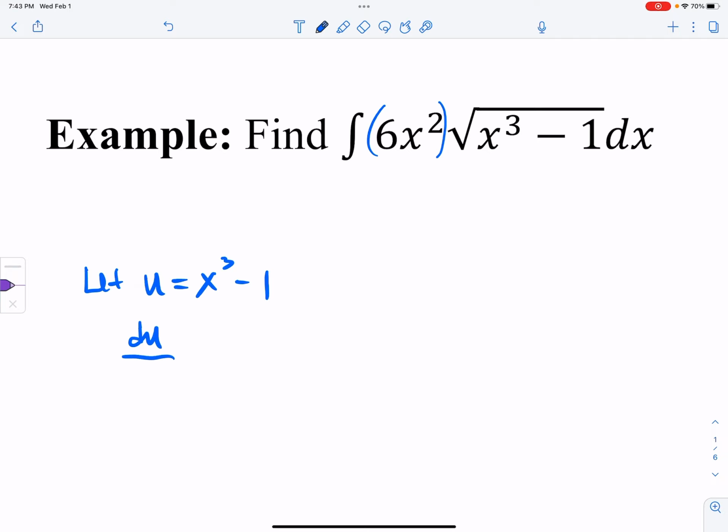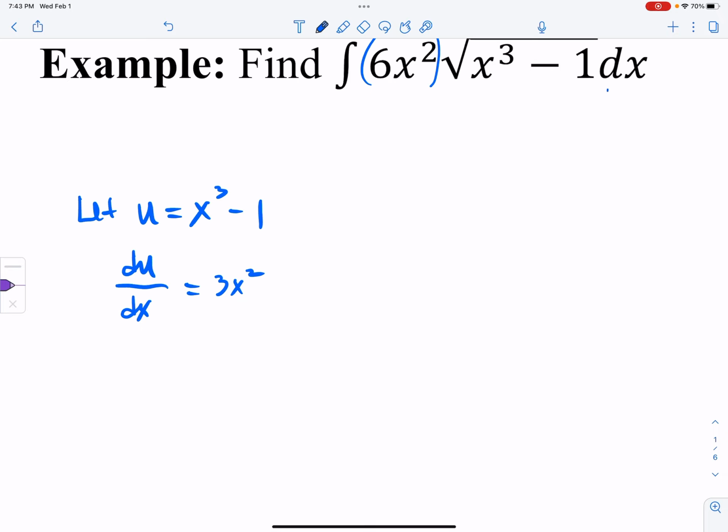So I know that when I take du over dx, the derivative of u with respect to x, that's 3x squared. And if we solve for dx, multiplying by dx on each side, we would have du equals 3x squared dx.